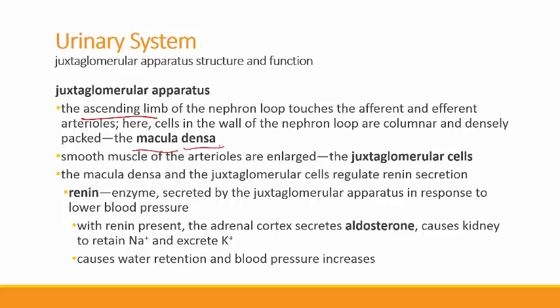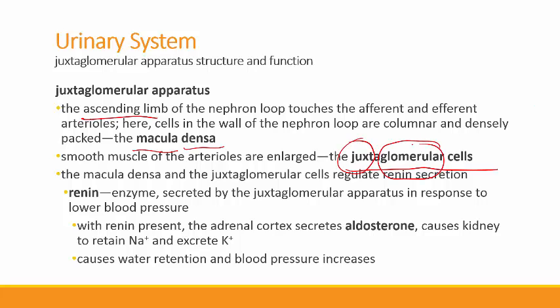Now, the cells of the arterioles are enlarged here, and they are referred to as the juxtaglomerular cells. Juxta means if something is juxtapositioned, it's nearby. So the juxta part is saying that, okay, this is a structure that is right near the glomerulus.